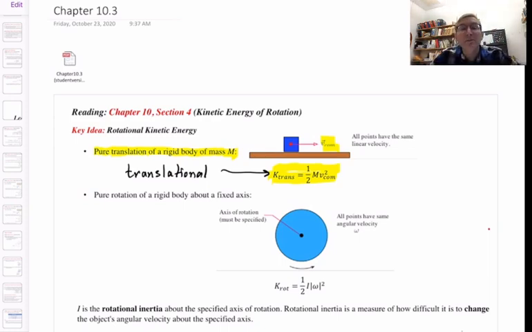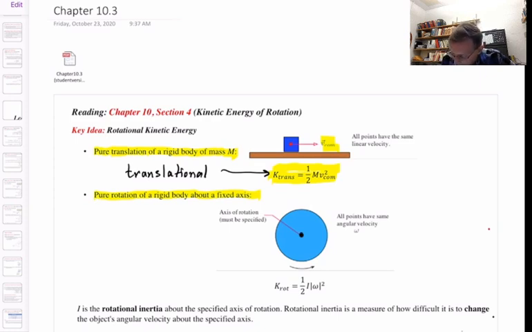Now let's go to our standard picture of pure rotation. Pure rotation of a rigid body about a fixed axis. This is a top-down view of something shaped like a disc or cylinder, and its axis of rotation is right through its center, at least that's the way we're going to draw it here.